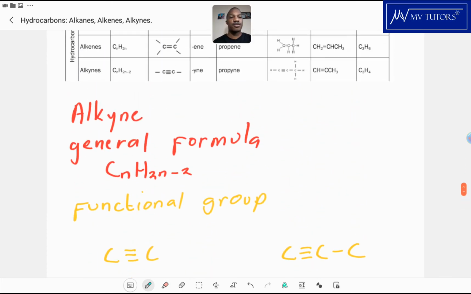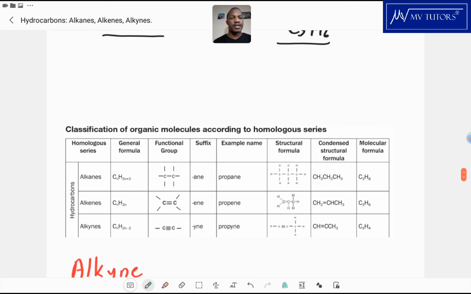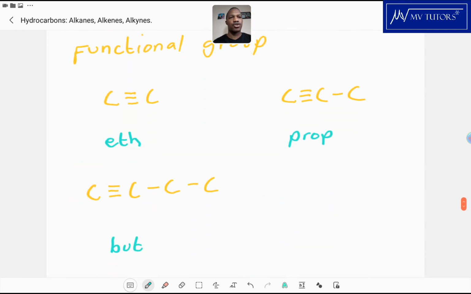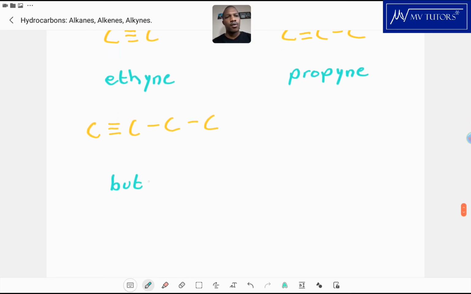Now the suffix you add at the end is YNE. Okay, so we'll just do that. YNE to get ethyne. YNE to get propyne. YNE to get butyne. Okay.